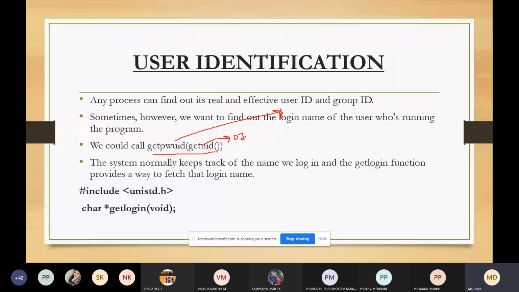Then getpwuid will get the login name for this particular user ID, let us assume it gives the login name root. But what if this particular ID has more than one login name, multiple login names?